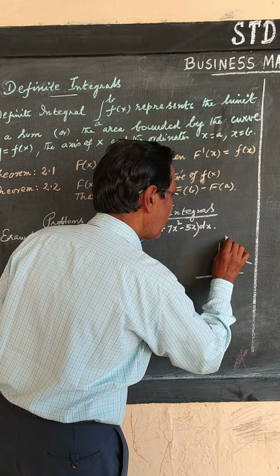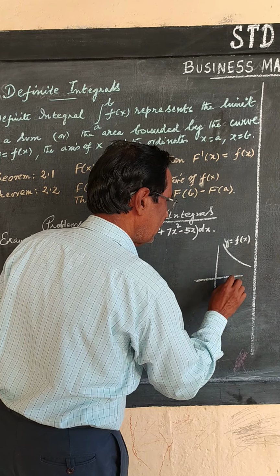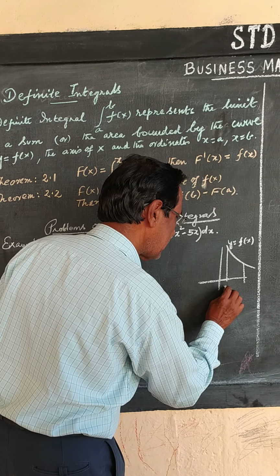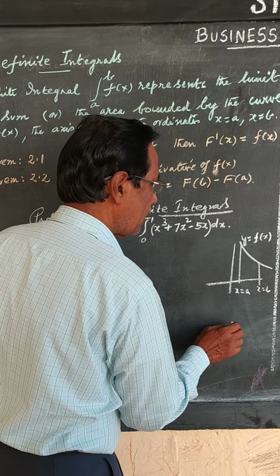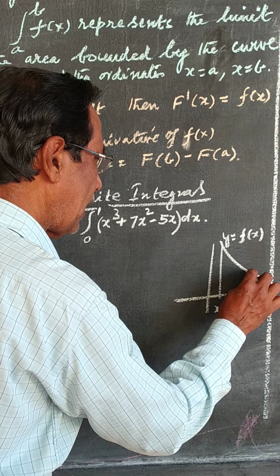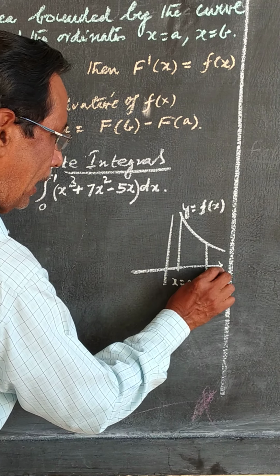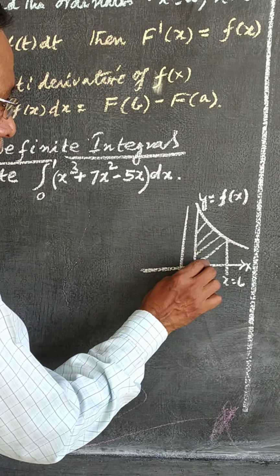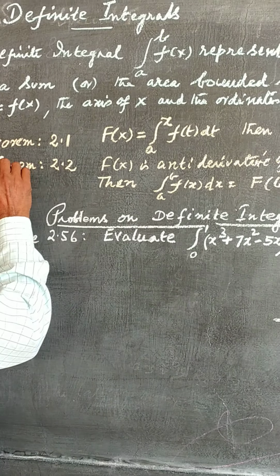If you call this y = f(x), then we can find the area between x = a and x = b under the curve, from a to b on the axis. So this is the area which we can find out. For this, the definite integral may be used.